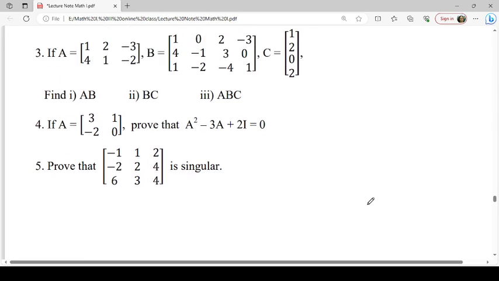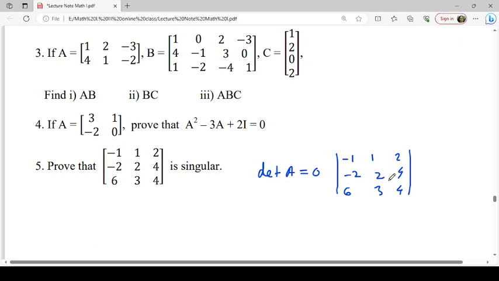And this is all about determinant and matrix. Singular means determinant of A is 0. This is the definition. So write this value: -1, 1, 2, then -2, 2, 4, then 6, 3, 4.